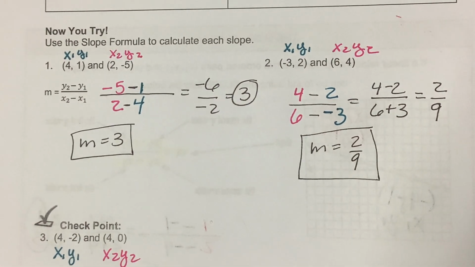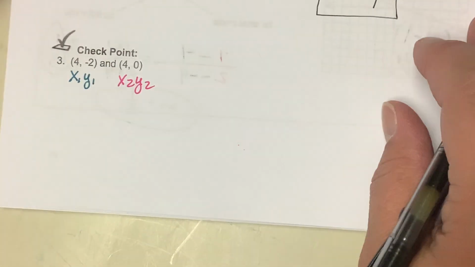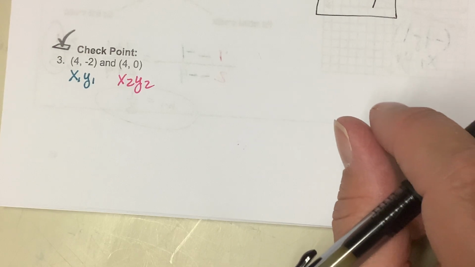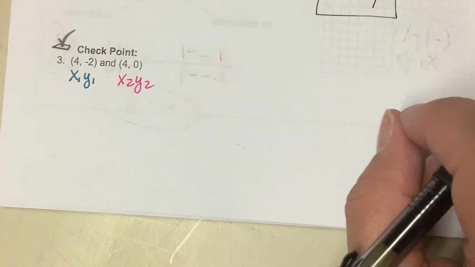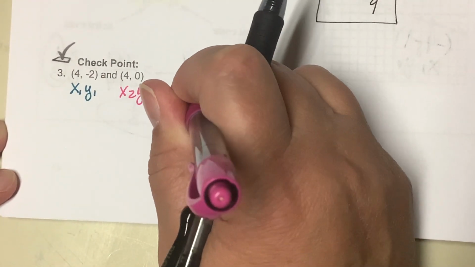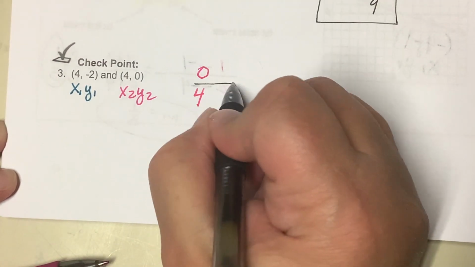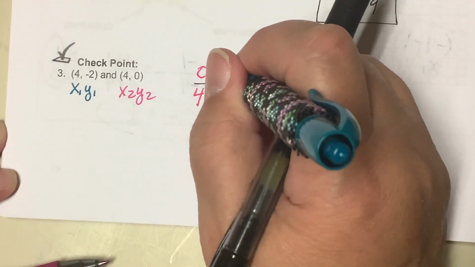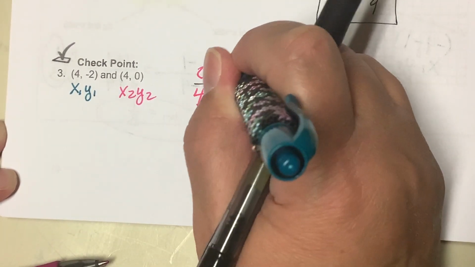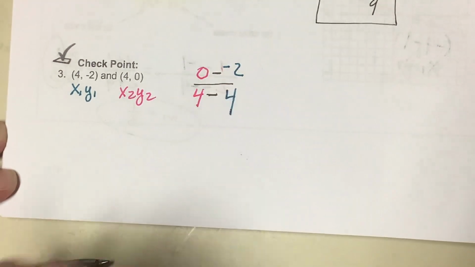All right, let's try the next one on the bottom. Now that's a checkpoint. We went over those. Now it's time. Try again. Have you got it? I hope you have it. Here we go. y2, x2, and we're going to be subtracting, over y1, negative 2, over x1, 4.